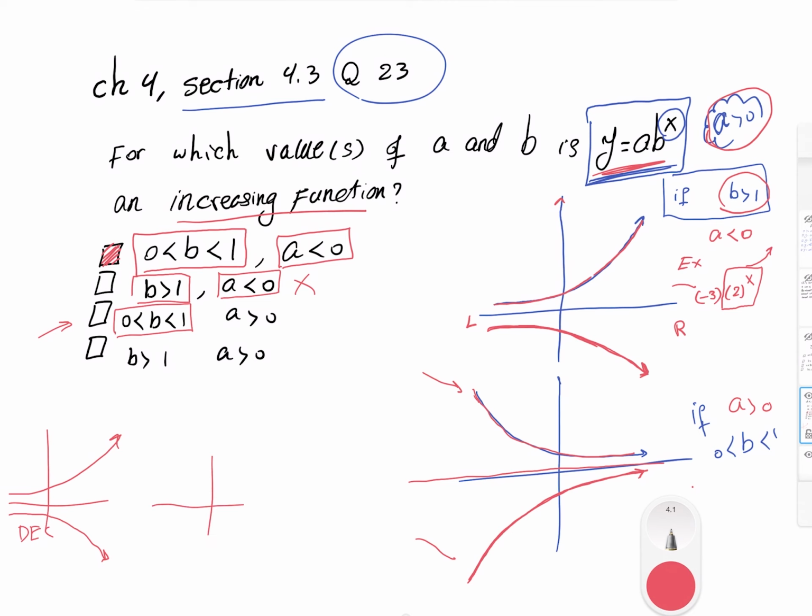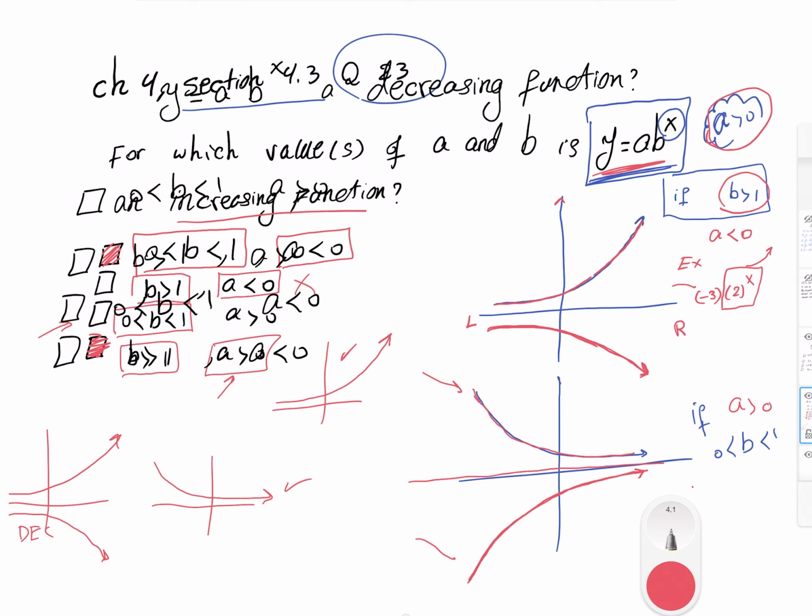That means the graph is decreasing if a is positive, and a is positive, so this is decreasing. Last one, b is greater than 1, and a is greater than 0, so we keep it like this. If a was negative, we would reflect, but it's positive, so we keep it, and this is an increasing function. So these two will be the solution.